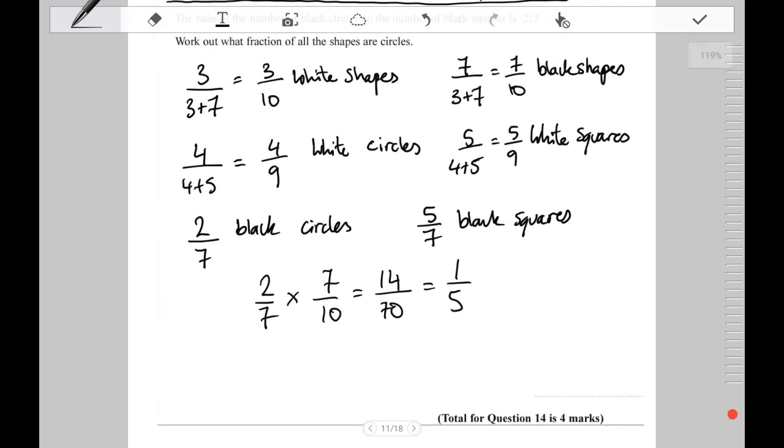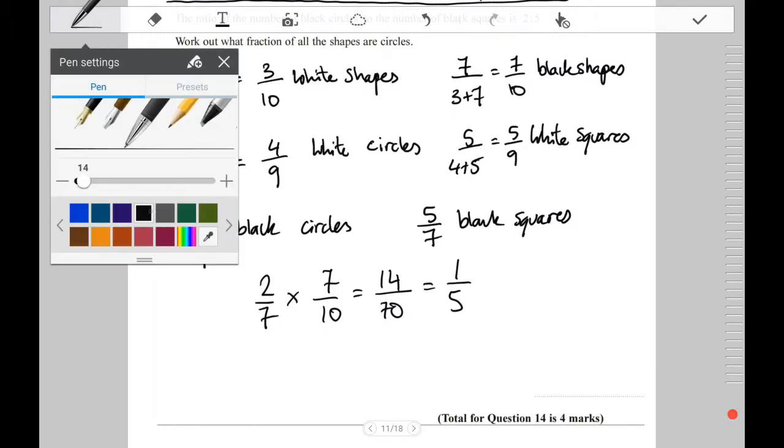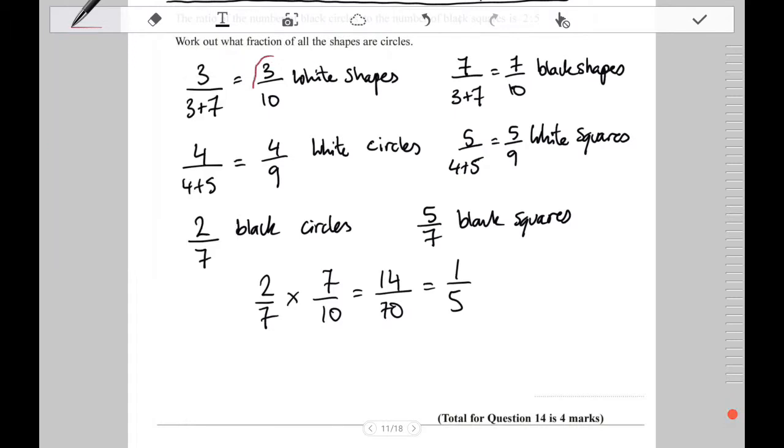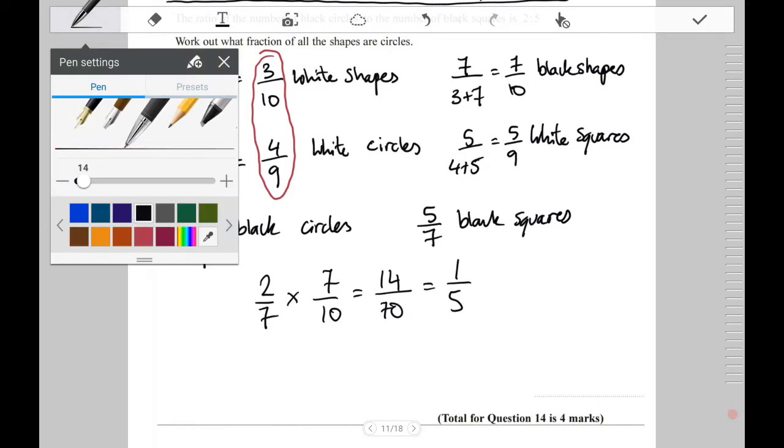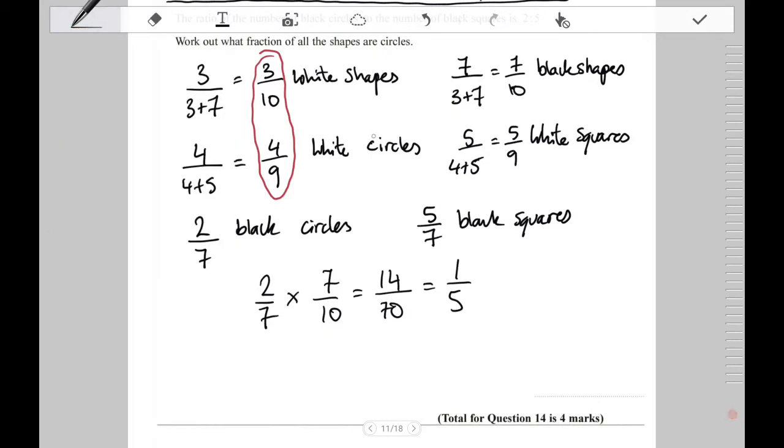And we could do the same with the white shapes and the white circles. Of the white shapes, how many of them are circles? We can multiply these two fractions by each other as well, because it's the probability of it being a white shape and a circle. So you get 3 over 10 multiplied by 4 over 9.